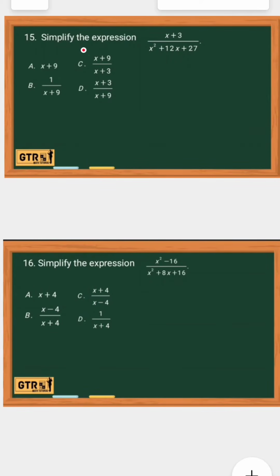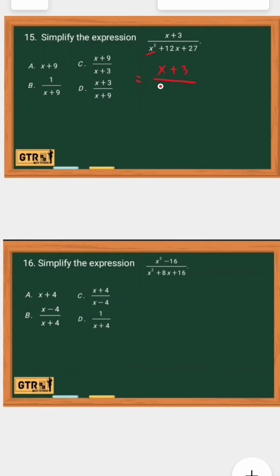Number 15. Simplify the expression x plus 3 over x squared plus 12x plus 27. So to solve this, all we have to do is factor the denominator, x squared plus 12x plus 27. So just copy the numerator, x plus 3. So factor the trinomial. So in factoring the trinomial, so just factor x squared.